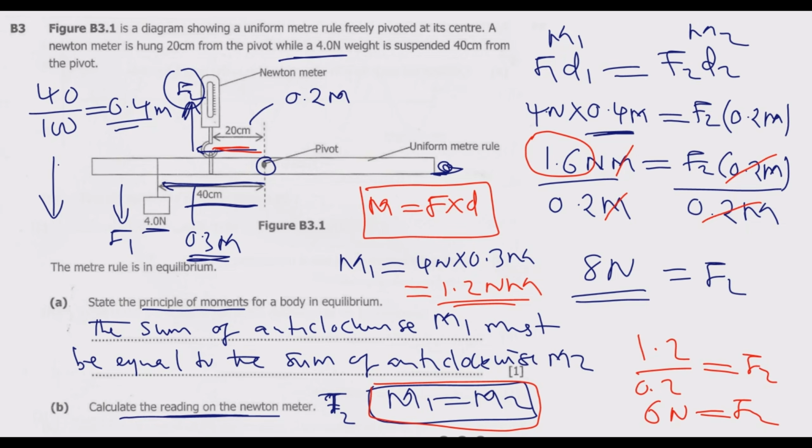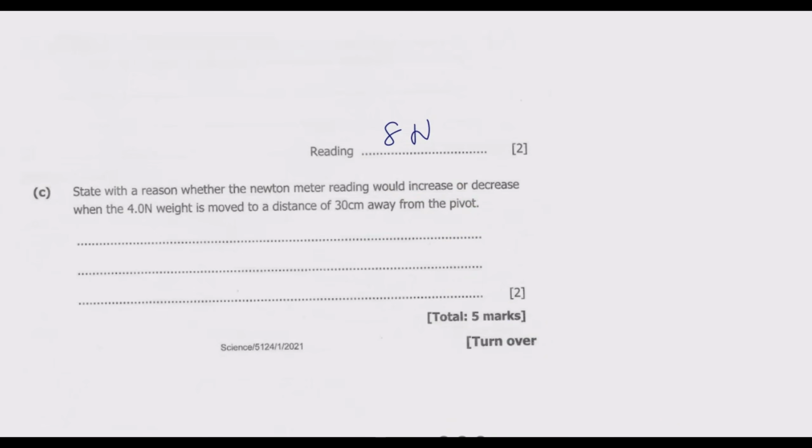So what this tells us is that when we move the 4 Newton weight to a distance of 30 centimeters away from the pivot, the reading on the Newton meter reduces. So this is how you answer this question to get the 5 marks.